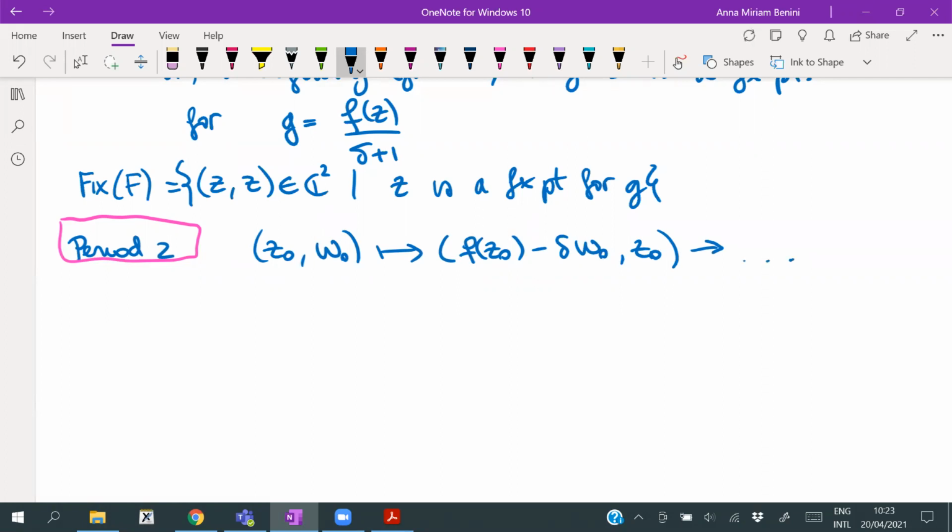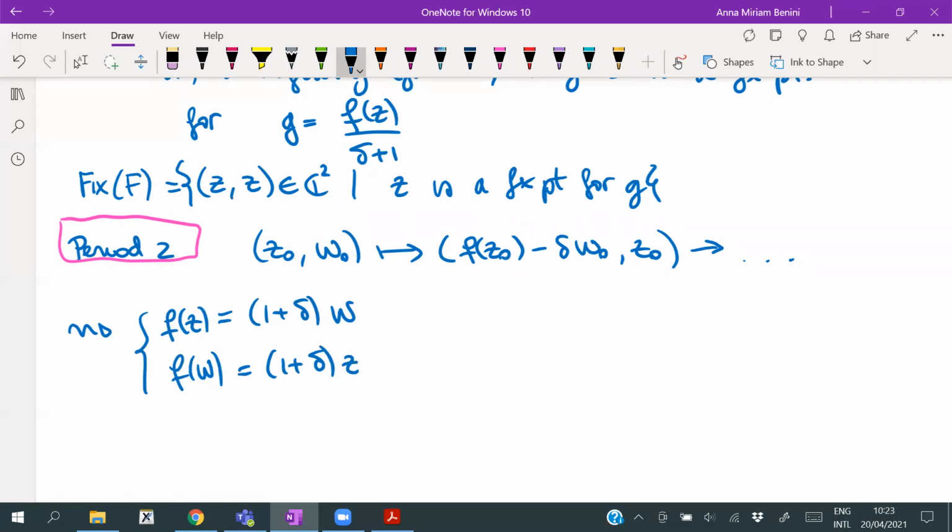It's better to consider the inverse map, but we're not going to get into this. What you get is that periodic points of period 2 satisfy the equations f of z equals 1 plus delta w, and f of w equals 1 plus delta z.